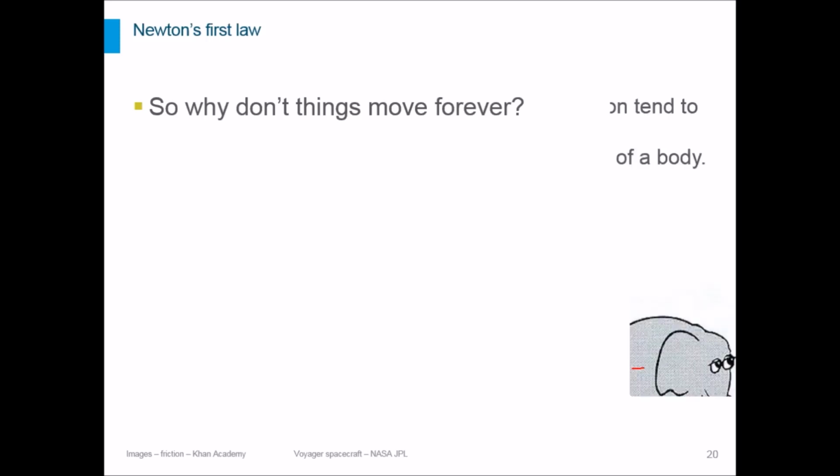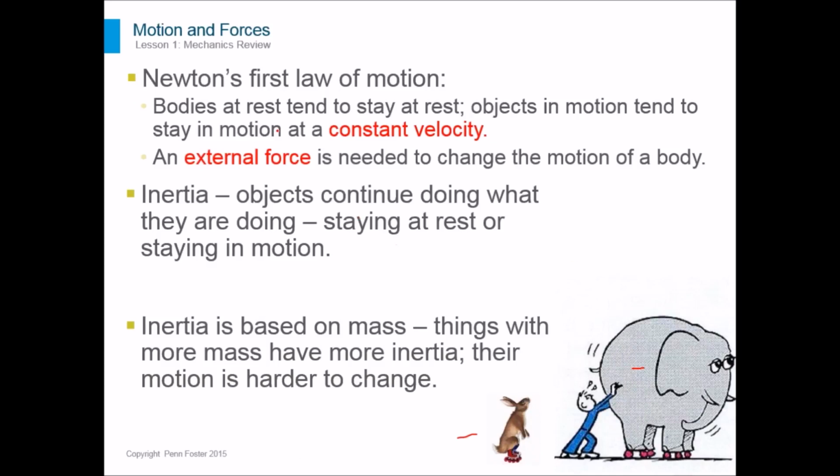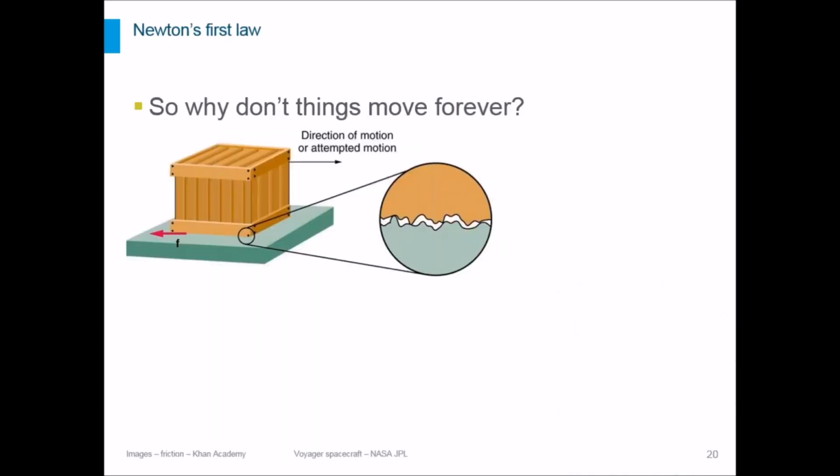Well, if you read it carefully, Newton's law is that objects in motion stay in motion at a constant velocity unless there's an unbalanced external force on them. On Earth, everything is affected by friction, so nothing keeps going forever. If you push a box across the floor, there's friction on it.